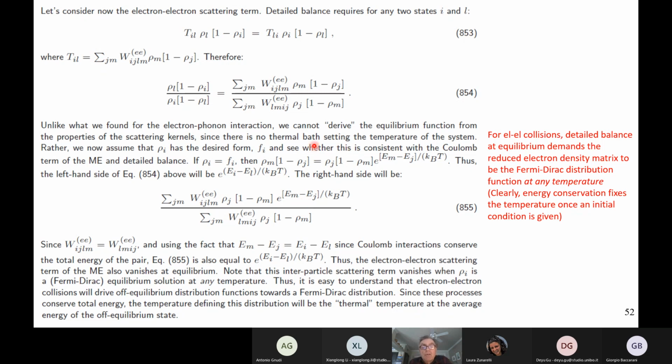Okay, this is all I want to say about the fact that we can derive the master form of the collisional operator of the Boltzmann equation, also for electron-impurity scattering, electron-electron interaction, and electron-phonon interaction, and the electron-electron interaction at equilibrium gives us the Fermi-Dirac distribution, at the bath temperature in the first case, at some temperature in the second case, but it's a Fermi-Dirac distribution.